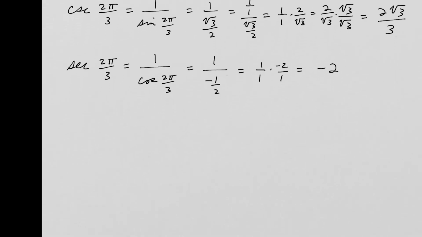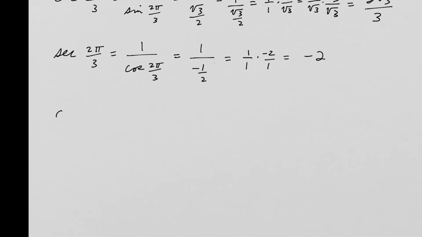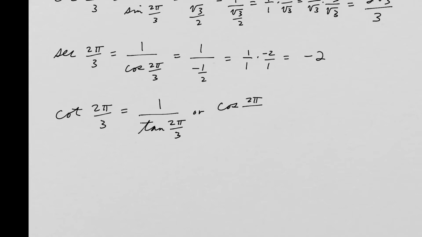And then finally, the last trig function is cotangent. Well, that's 1 over tangent. Or if you want, you could say, since tangent is sine over cosine, this is going to be the reverse: cosine divided by sine.